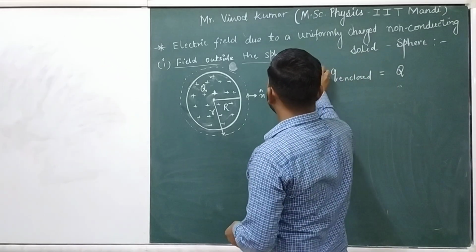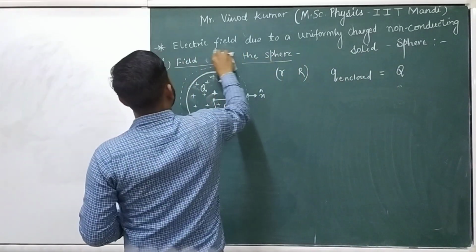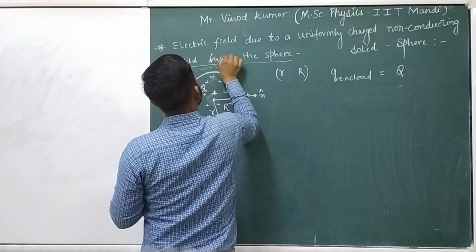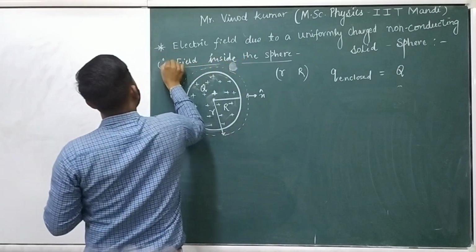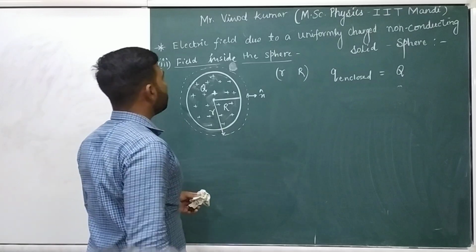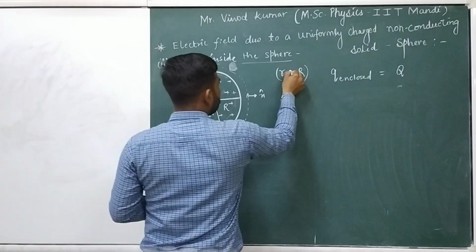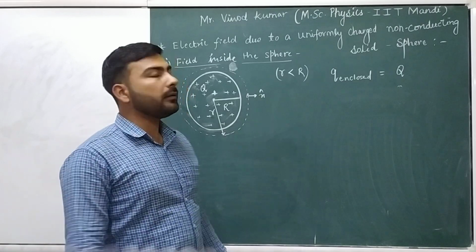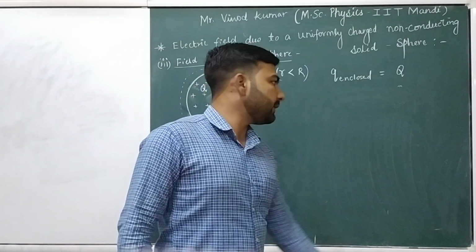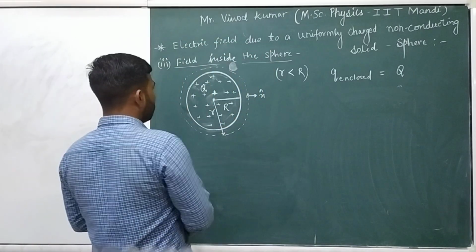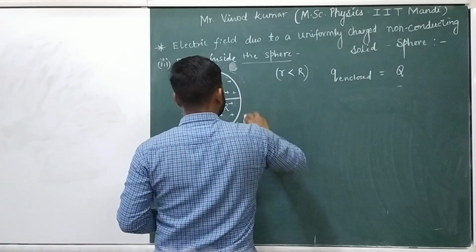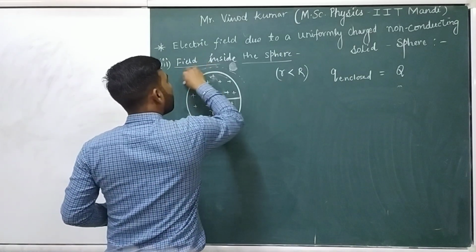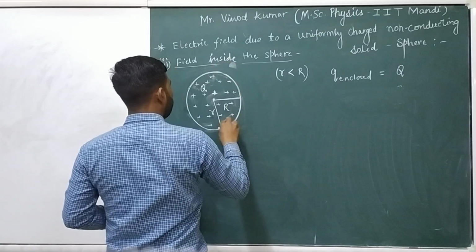The third case is the field inside the sphere, and here the radius of the Gaussian surface should be less than the radius of the given sphere. So we have to assume a Gaussian surface such that it lies within the given sphere.